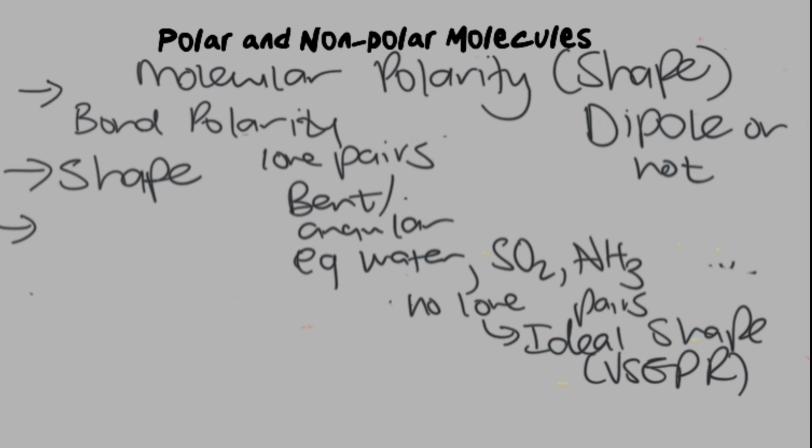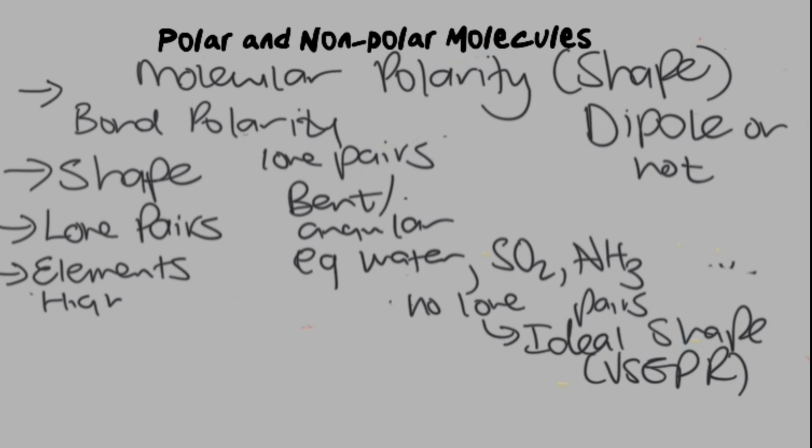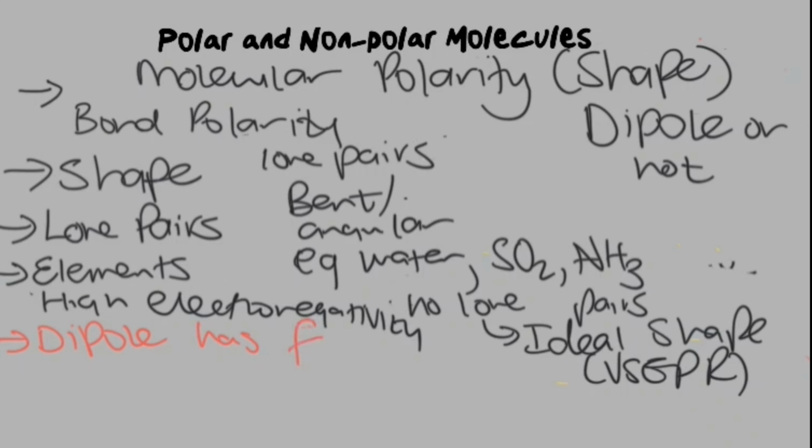After discussing the shape, you will have to see if there are lone pairs, and you'll have to look at if there are elements with a high electronegativity. Thereafter, you must determine if a dipole has formed, and depending on if a dipole has formed or not, you will discuss symmetry.